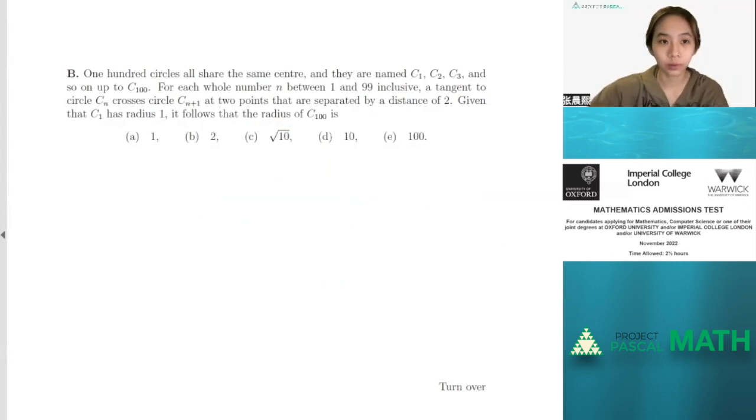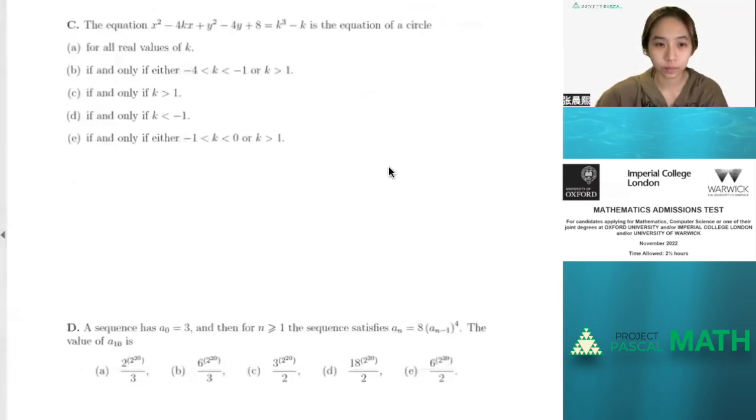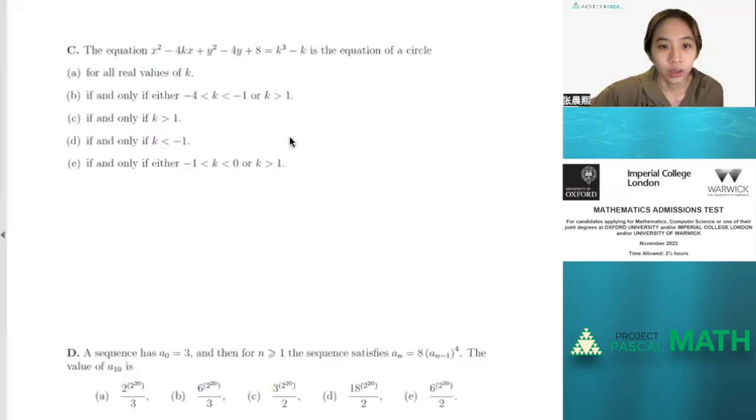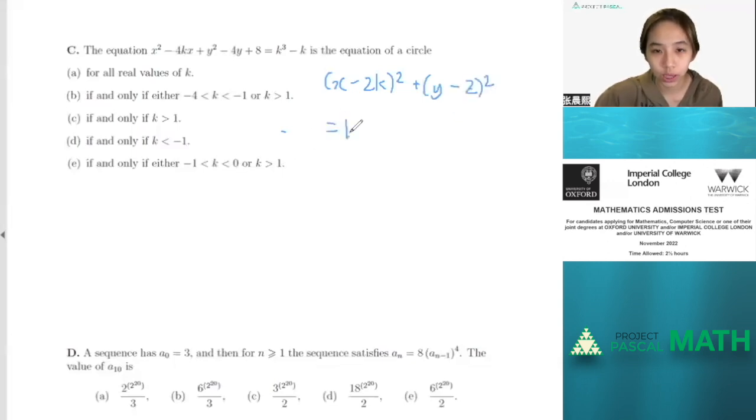Okay, moving on. Usually for equations of a circle, we complete the square. So we get (x minus 2k) squared plus (y minus 2) squared equals k cubed minus k plus 4k squared minus 4.